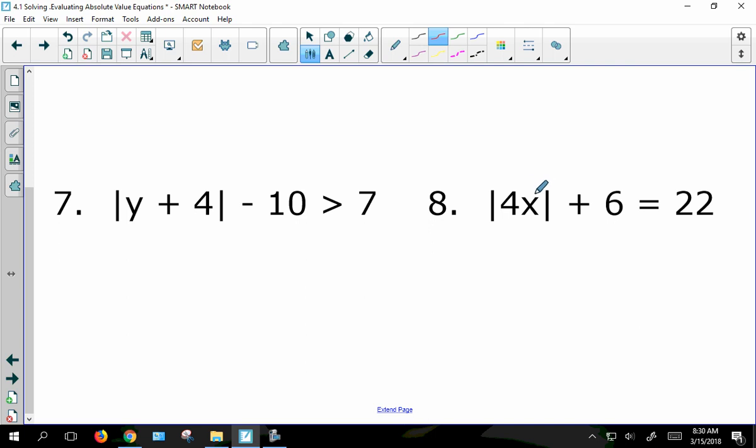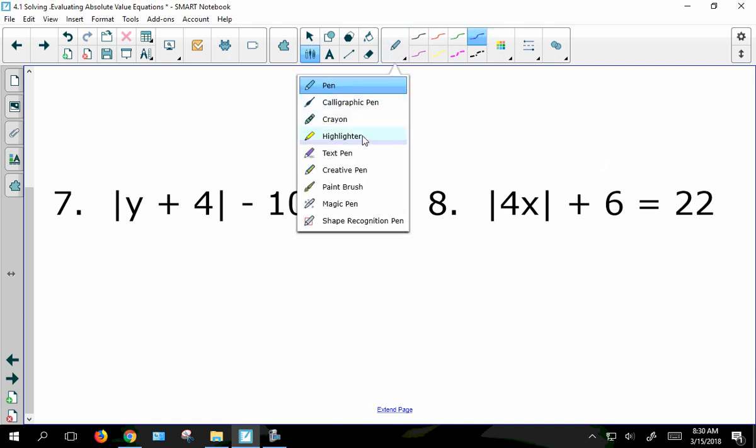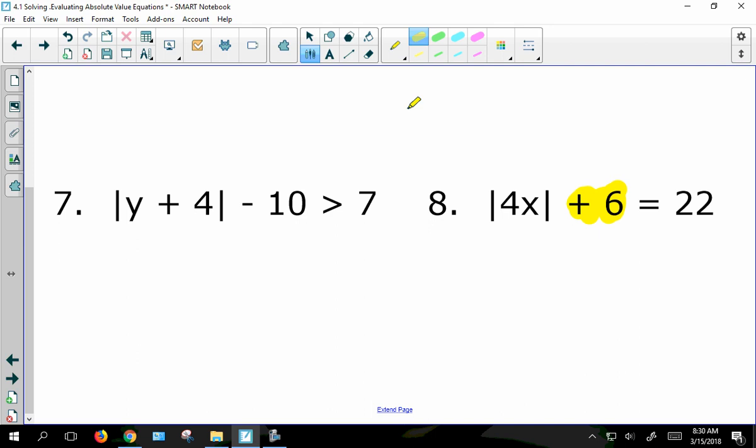Now, here's what you guys do that is wrong. You're going to take 4x plus 6 and set it equal to 22 and negative 22. I can't do that, can I? What do I have to do? I have to get rid of the loner first. I have to get rid of the 6 first. So I'm going to subtract 6 from both sides.